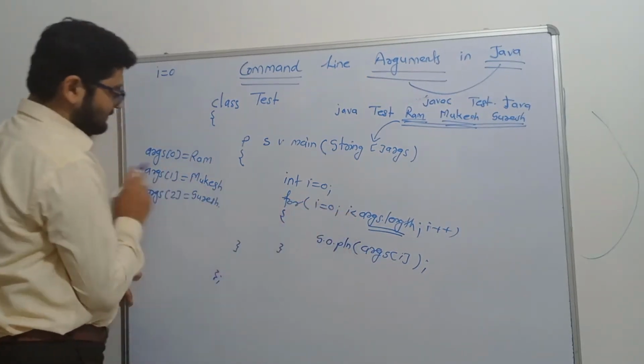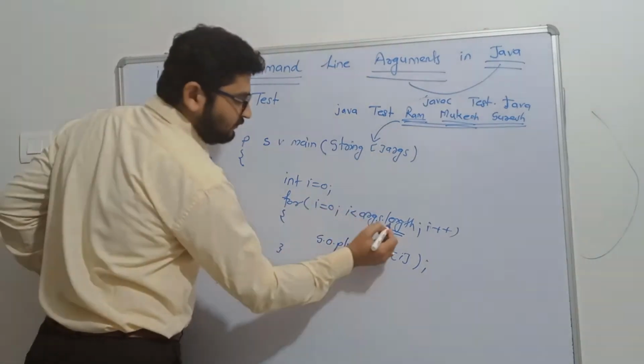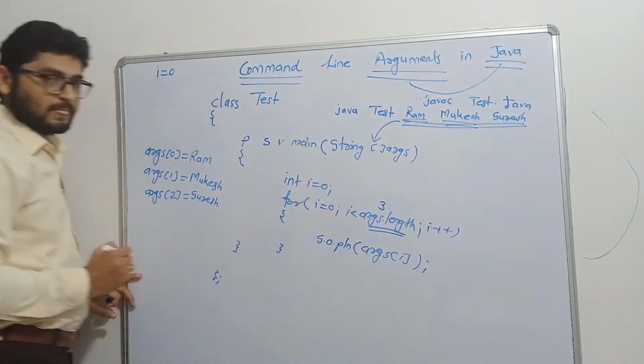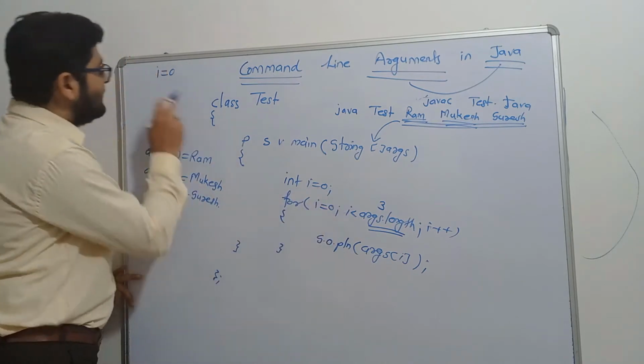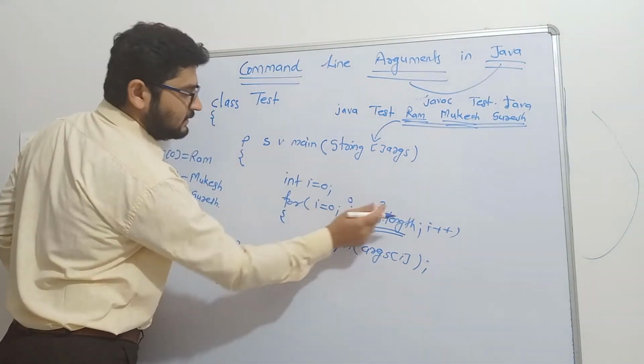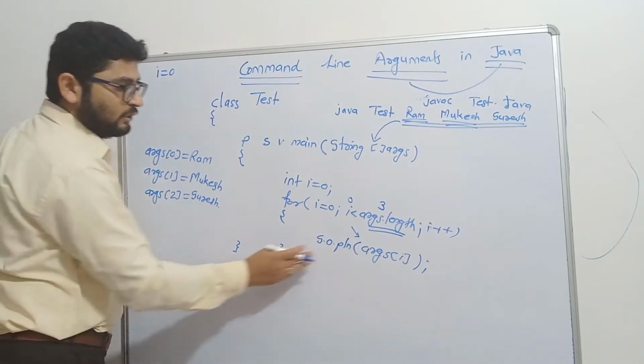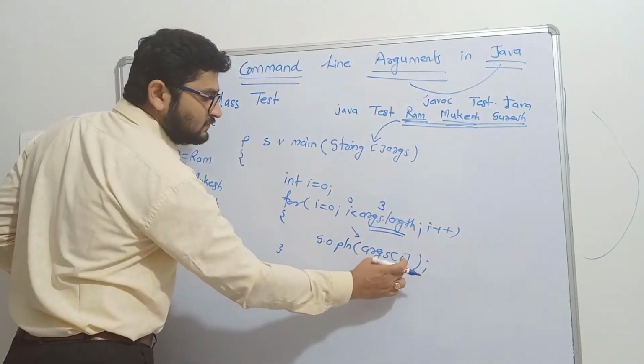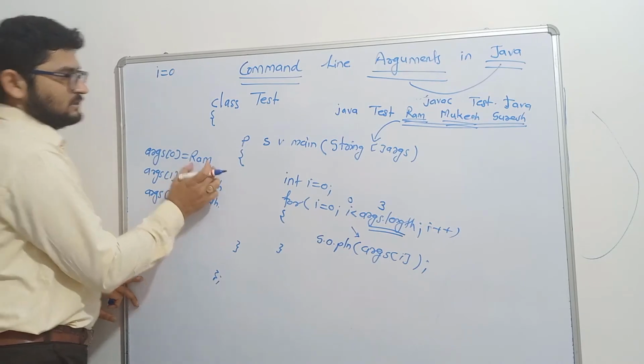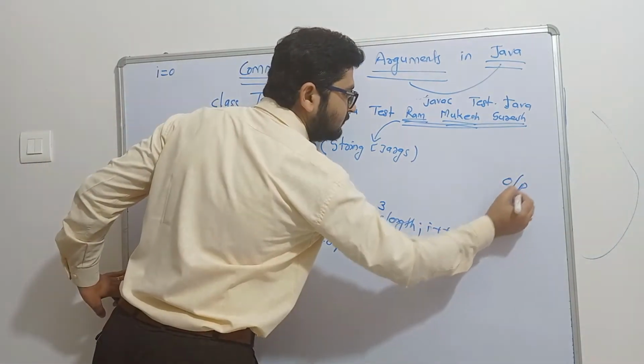Args has 3 strings, so the value of length is 3. Now the value of i is 0, so 0 less than 3, the condition is true. So it will come inside the for loop and print args of 0 on the screen.